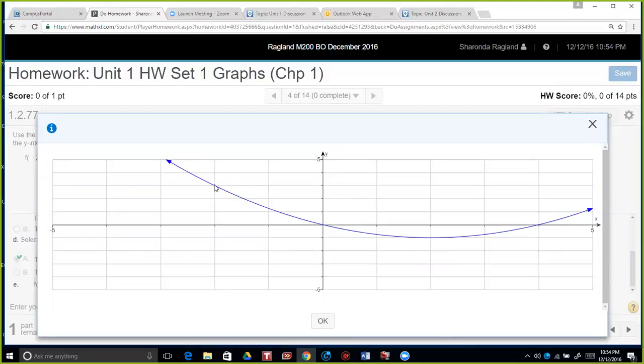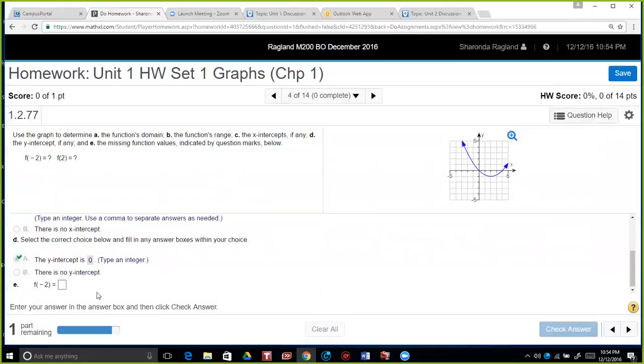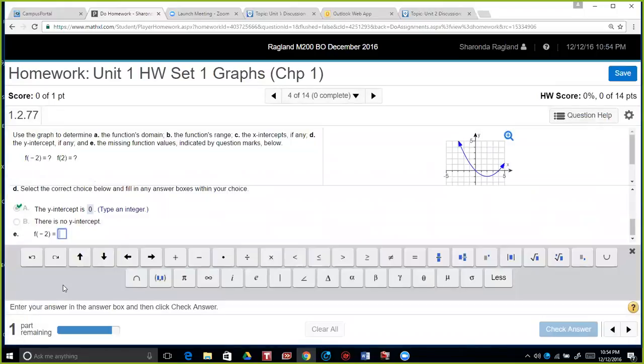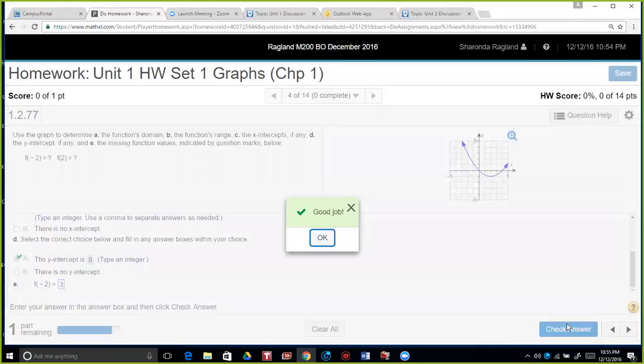So the y value is equal to 3. Okay, you see how we just used the graph? But we had to know what this meant. So f of -2 means evaluate the function when x is -2. Okay, what does y correspond to? Let's check it and see if we're right. Okay, good.